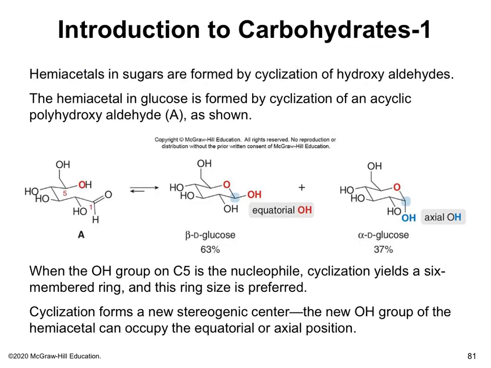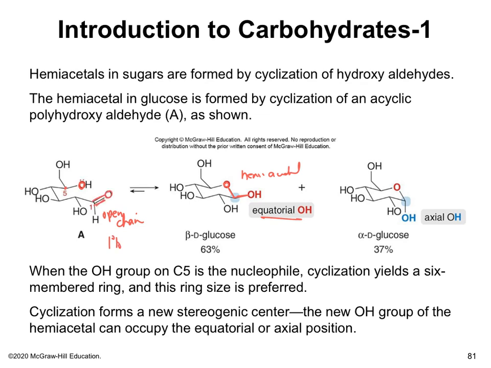So here they're showing you how this happens. This here is equatorial. This is your hemiacetal, and it could go alpha or beta. In the open chain, which is about 1% of the time, you have an aldehyde.